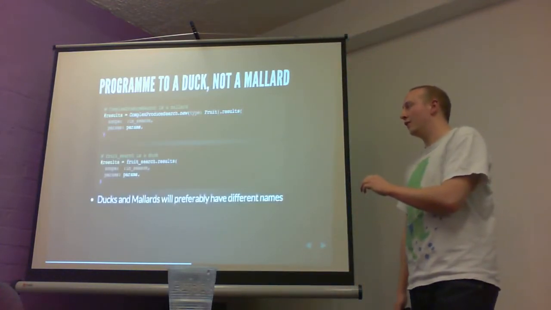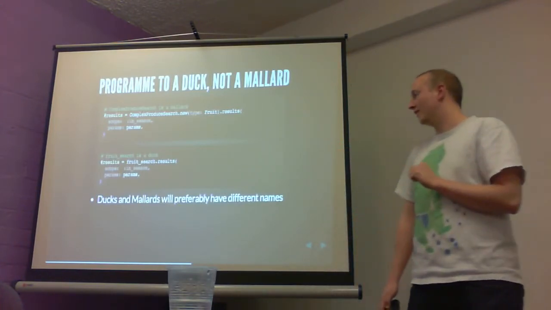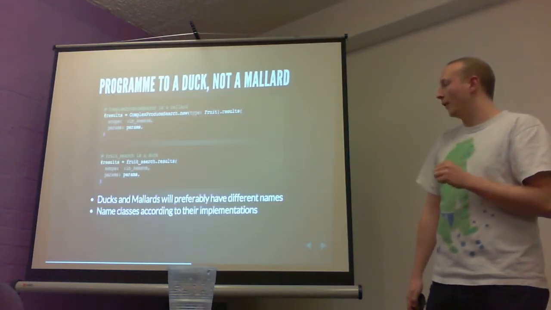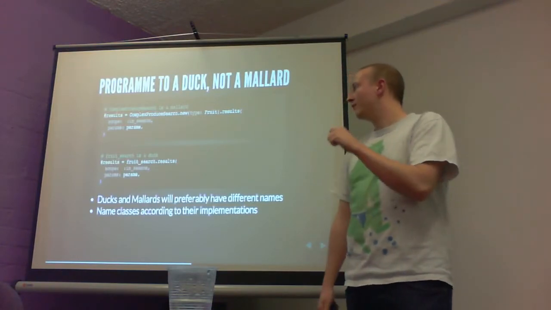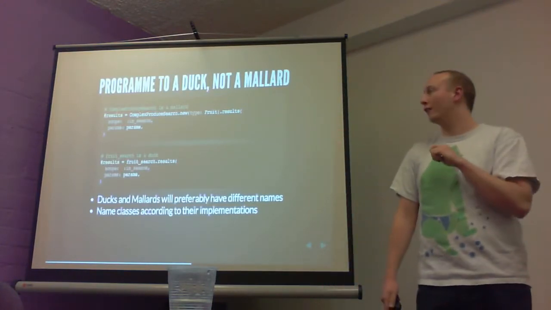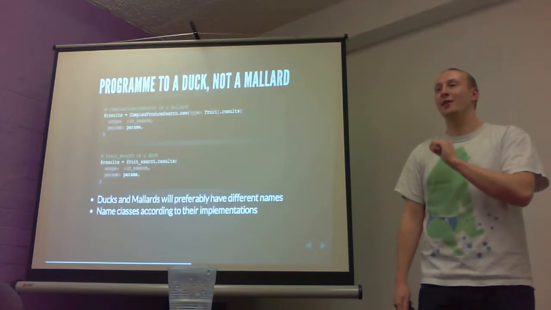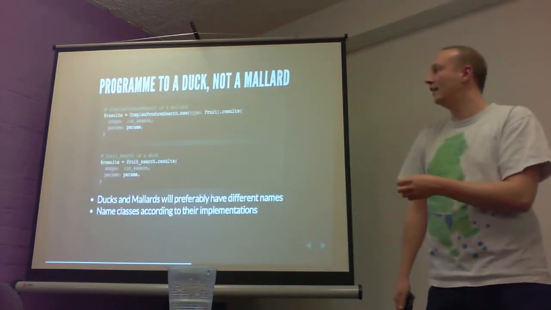The other advantage of doing this is that the ducks and mallards can have different names, which we'll see is a good thing later. We can name our classes according to the implementations. So we could have several different implementations of the produce search. We could have a complex solar produce search when we decide we need to move over to a more scalable platform and not just do a full text search in the database.